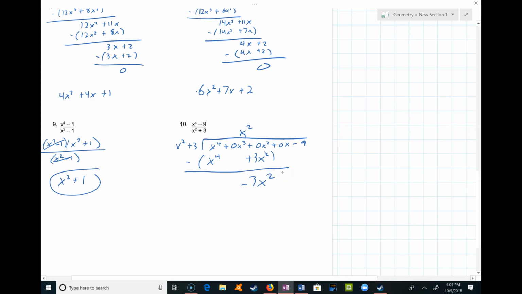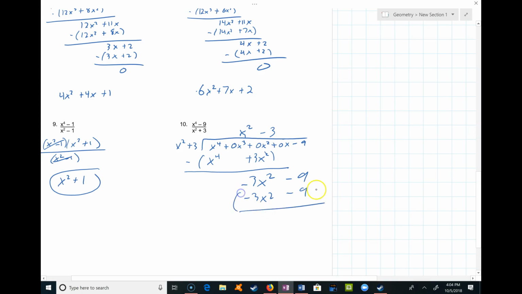Okay? So then my next step is, once again, I'm going to ask what times x squared equals negative 3x squared? And that would be a negative 3, right? So negative 3 times x squared would be negative 3x squared. And I guess I'll just go ahead and bring that negative 9 down. And negative 3 times 9 is a negative 9.